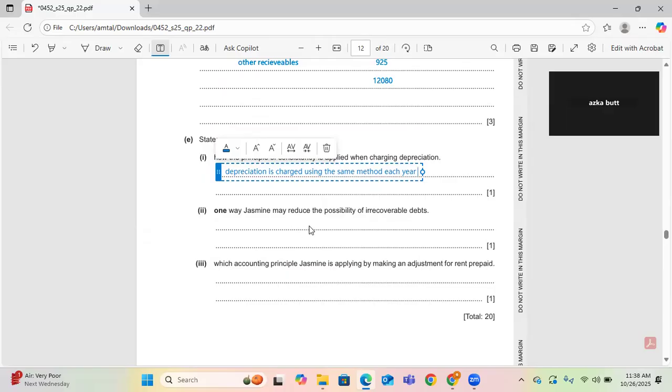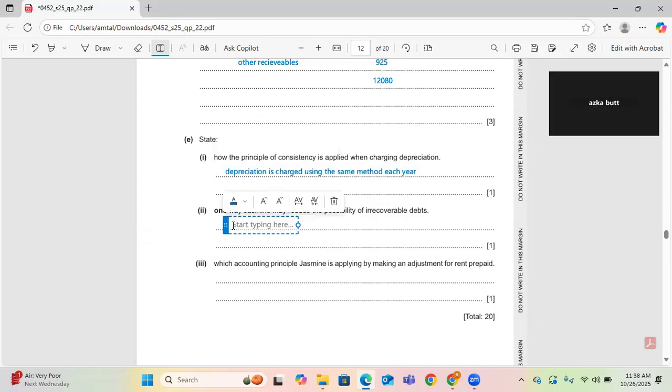One way Jasmine may reduce the possibility of irrecoverable debts. Okay, so maybe she will be sending the statement of account to the customers, so that they remember how much they need to pay.